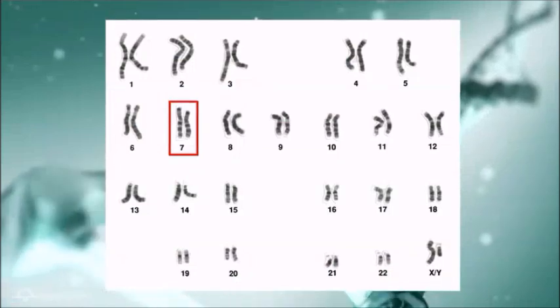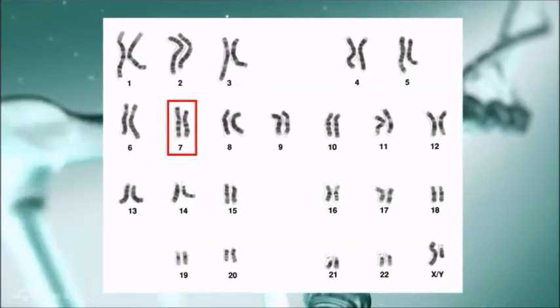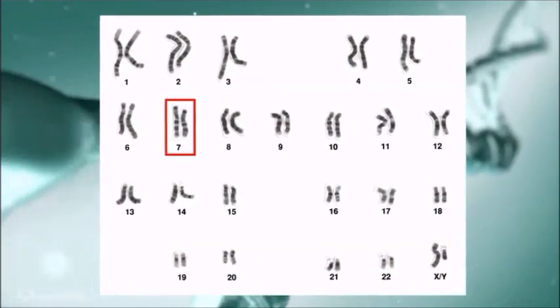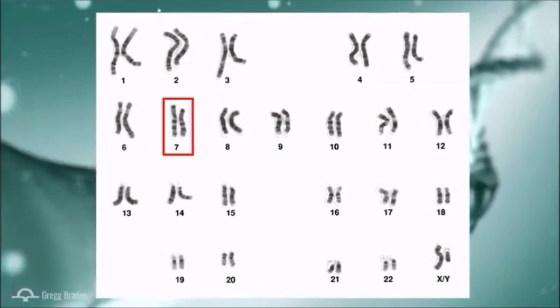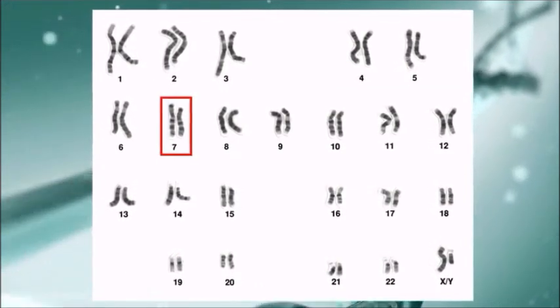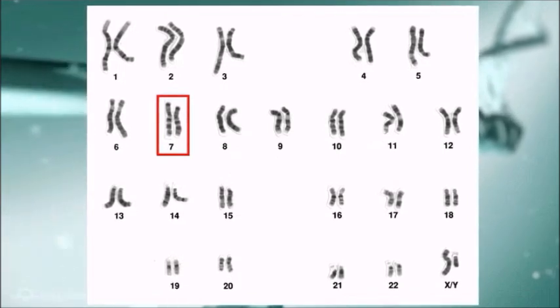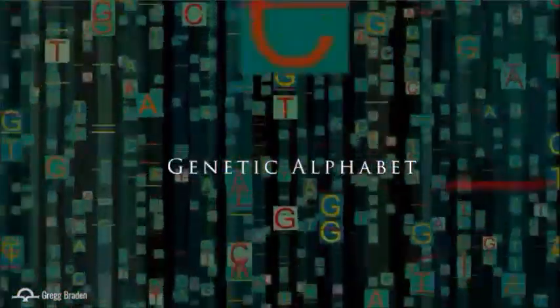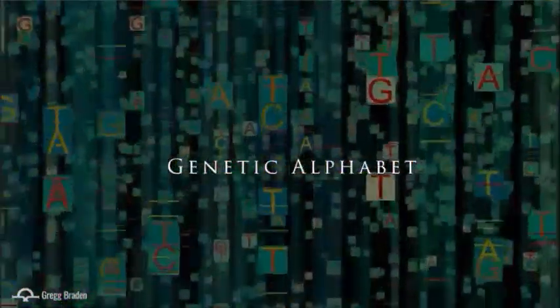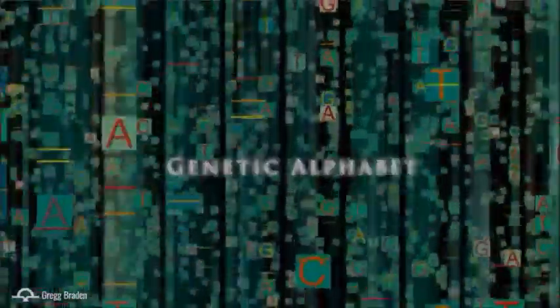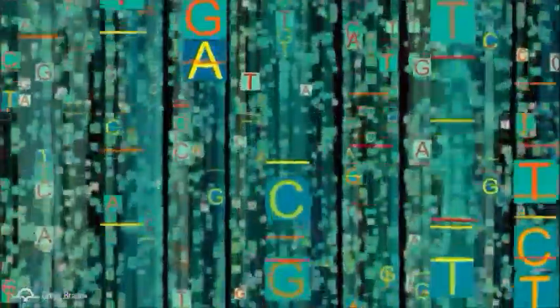For over 75 million years, these genes in chromosome 7 were stable, all right? And all of a sudden, there was just this little switch in the DNA letters. You've seen the letters in what's called the genetic alphabet, C, T, A, G, that are abbreviations for the components that make up the DNA.